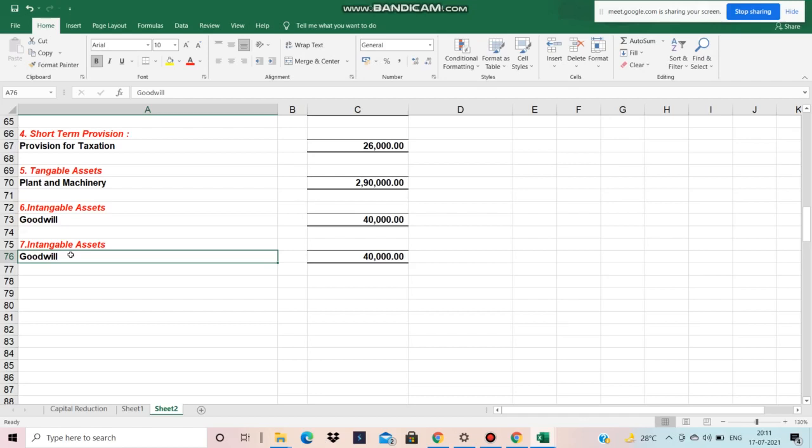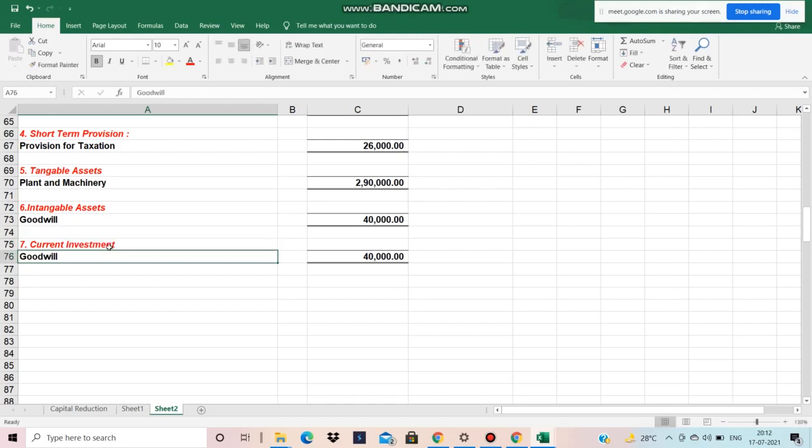So under the note of current assets, there is current investments, not current assets, the subhead is current investment.